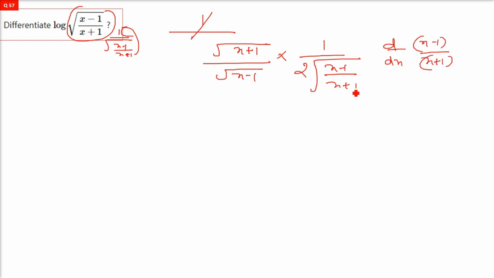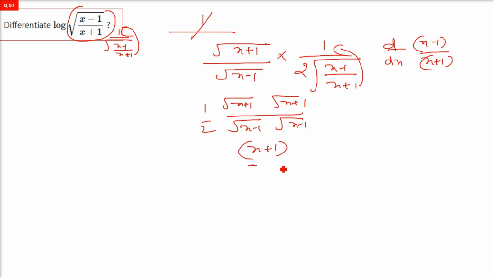Again under root x plus 1 is in the numerator and under root x minus 1 in the denominator. Under root x plus 1 whole square is x plus 1 only, and under root x minus 1 whole square is x minus 1 only. 1 by 2 will remain.